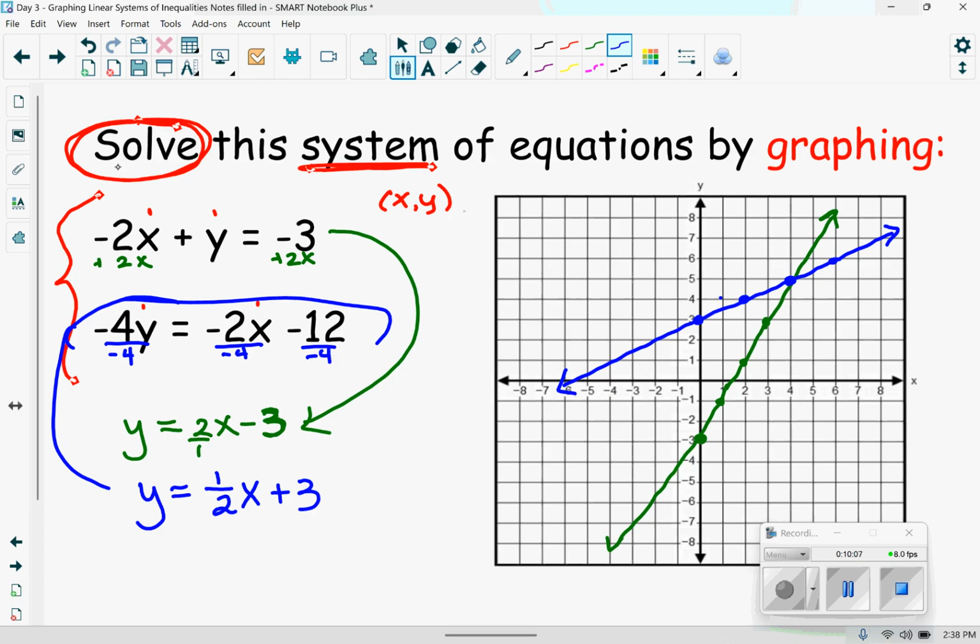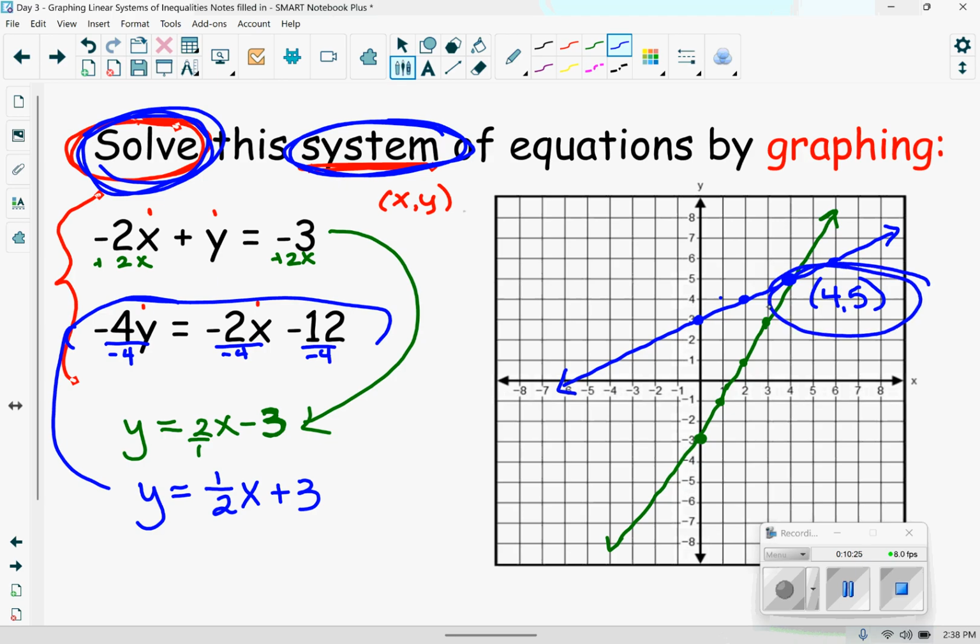And the solution of the system is this one point right here where they both come together. That would be (4, 5). So that is the one answer to this problem, (4, 5).